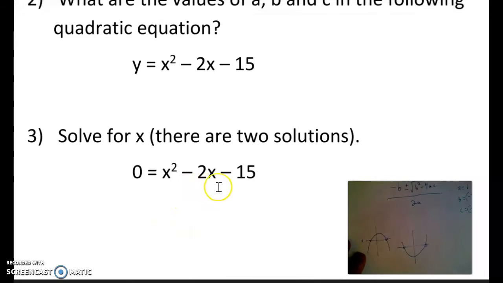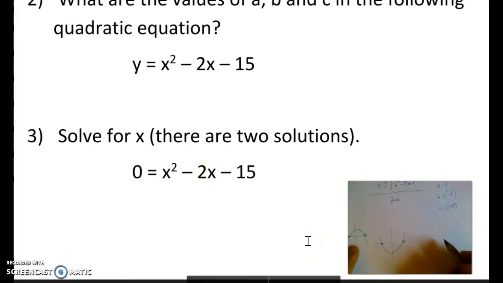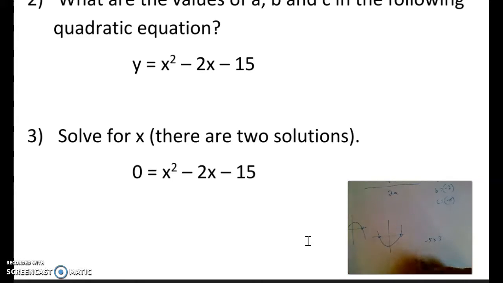Anyway, to do that, I could try and factor this and see what that ends up with. So let's see what two numbers when I multiply give me negative 15, and when I add them give me negative 2. So negative 5 times 3, that would be negative 15. I add them, I get negative 2. So the factored form would be x minus 5 times x plus 3.